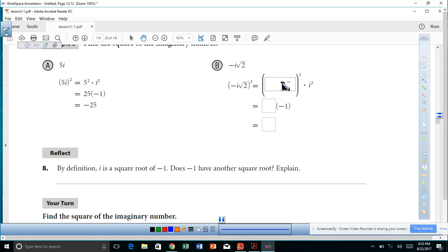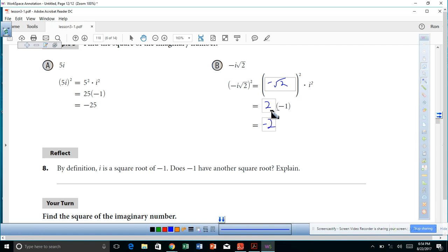So that's going to give us negative square root of 2 squared times i squared. Well, i squared is negative 1, and negative square root of 2 squared is just 2. So your answer is negative 2.